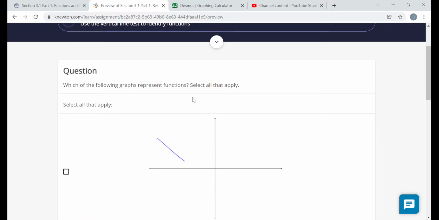Most of the functions you're going to be coming across have infinitely many ordered pairs. And so instead of listing them, you're going to be graphing them, drawing a picture of all these ordered pairs. All right, so let me talk about the vertical line test.